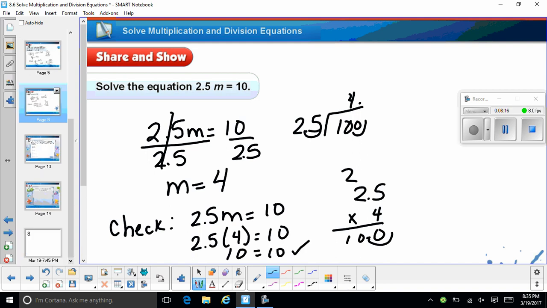So the most important thing I think you have to remember is the rules that apply when we are multiplying and dividing fractions and when we're multiplying and dividing decimals. If you can keep those rules straight and you just do the arithmetic that goes with it, you'll be successful with finding the value of the variable.